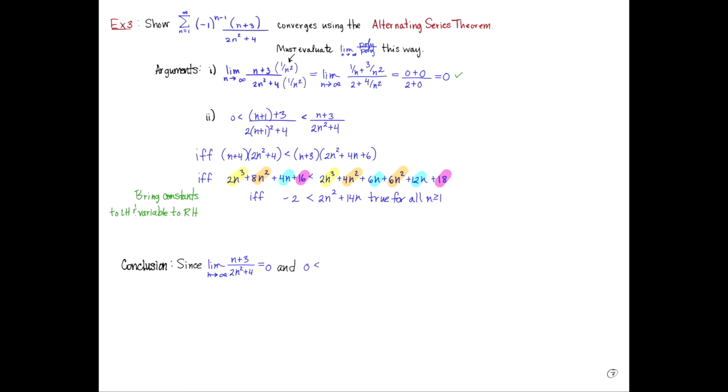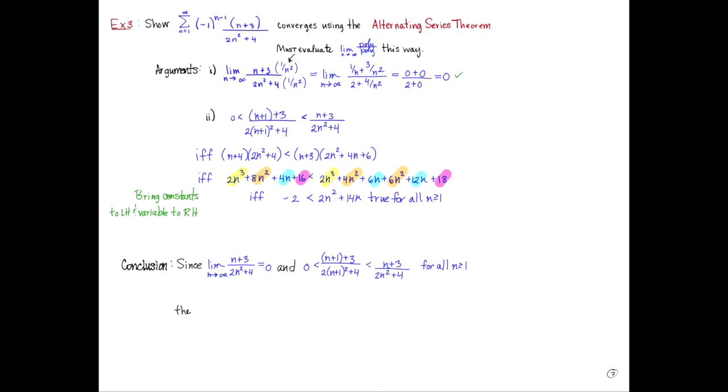We have 0 is less than (n+1+3)/(2(n+1)^2+4) less than (n+3)/(2n^2+4). And this is true for all n greater than or equal to 1.